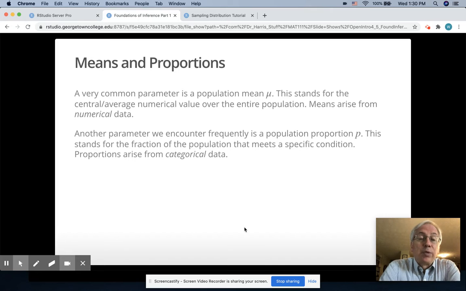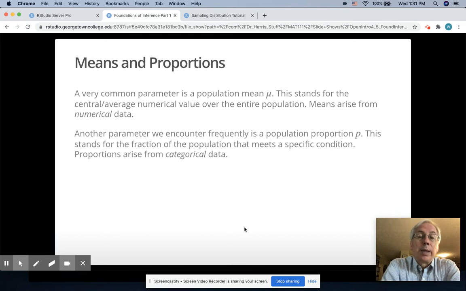The other type of parameter that we're primarily interested in is a proportion. By proportion, we're talking about the fraction of a population that possesses some sort of characteristic, or meets a specific condition. So we're really asking, is the condition met? That's in some sense a yes or no question. And so proportions are going to come up when we have categorical data.